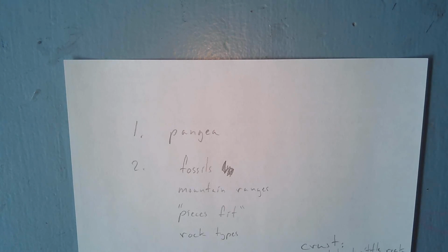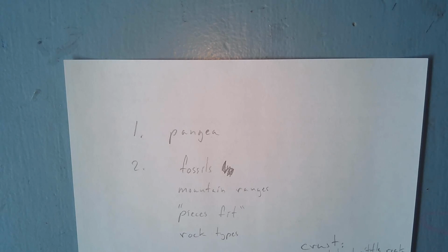Similarly, you're seeing glaciers. Glaciers acted as carving knives across the Earth's landmass, carving out valleys and other geological structures, and again, if you put them together, they line up nicely.